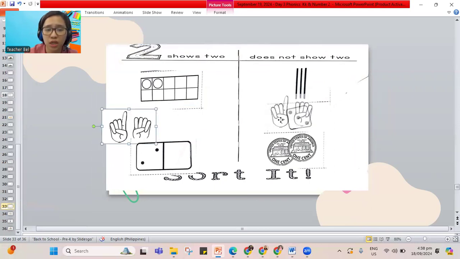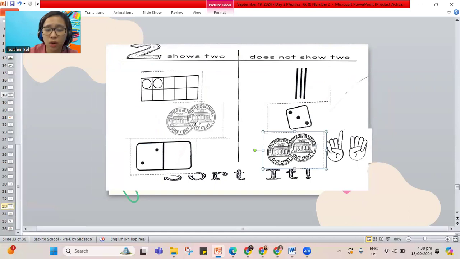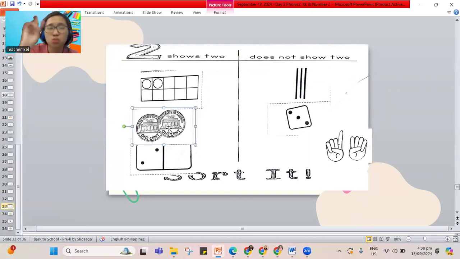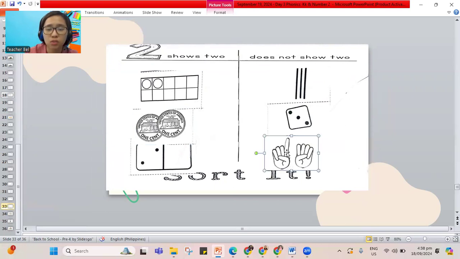So let's exchange. This one is the coins that has two pieces, two coins. But this one is showing one finger. So that one is one. So let's go back. This is two. The two coins show two. And there are two dots inside the domino.